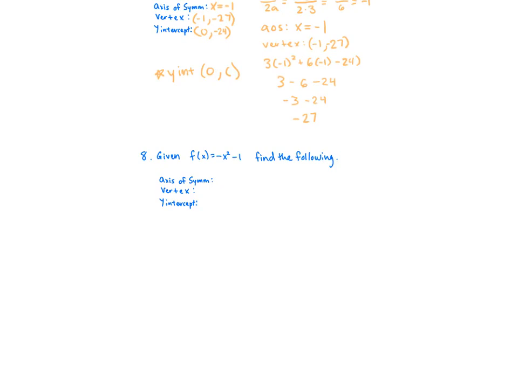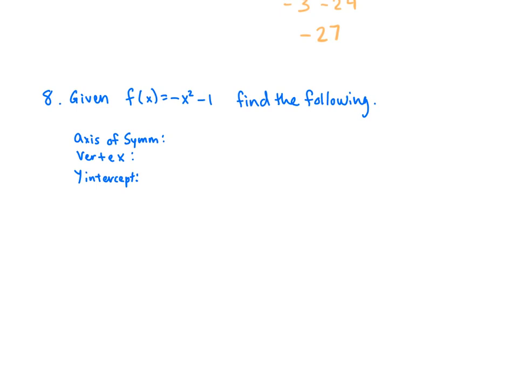All right, last one, number 8. Again, we're doing the same thing. We need to find our axis of symmetry, vertex, and y-intercept. What's our formula for axis of symmetry? Negative b divided by 2a.